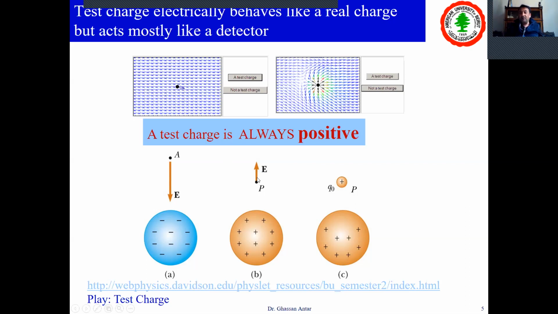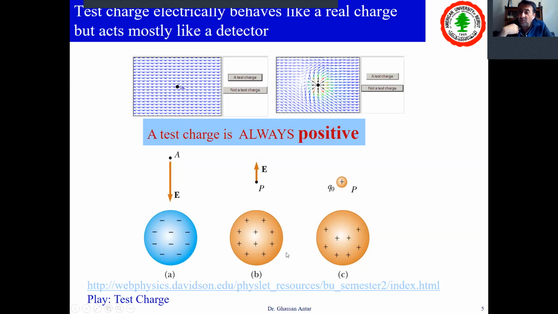Now you tell me, what's the difference between B and C? In C, what we did is replace this test charge by an actual real charge with Q0. Then the positive charges will be repelled, so the distribution of charges in the real sphere will be different.